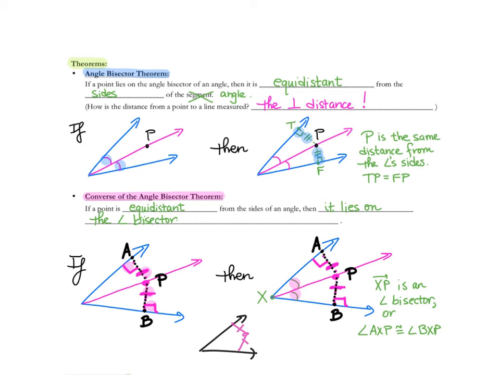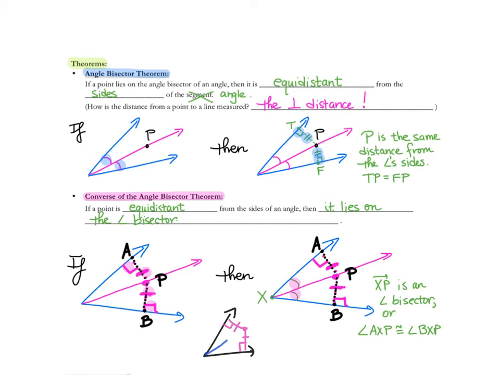The distance, as you measure it, has to be perpendicular. So when you start with an angle, if you pick a point that's the same distance, it has to be the perpendicular distance, like that, marked the same. And then that means that it must lie on the angle bisector. If you were to draw the angle bisector, that's a terrible picture, let me try that again.